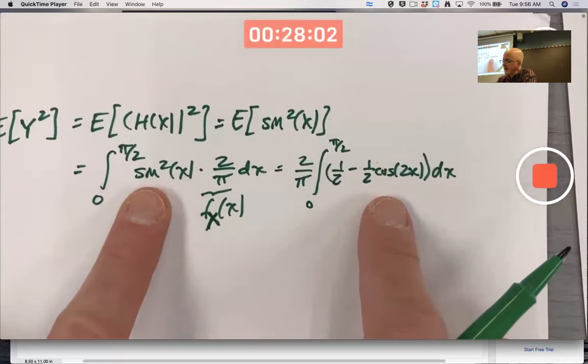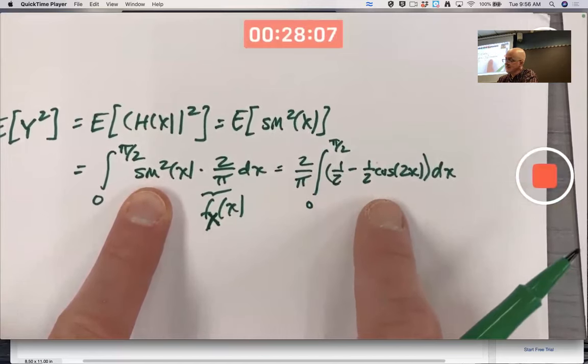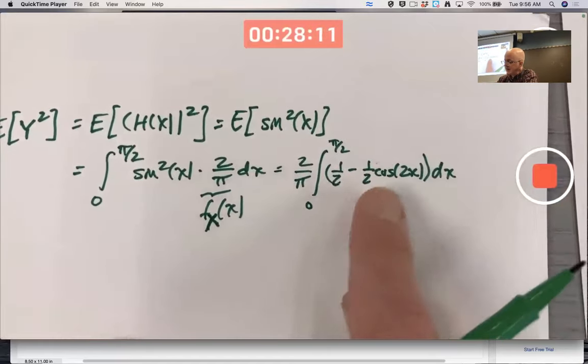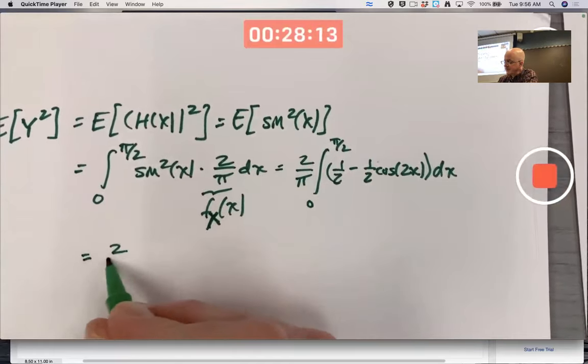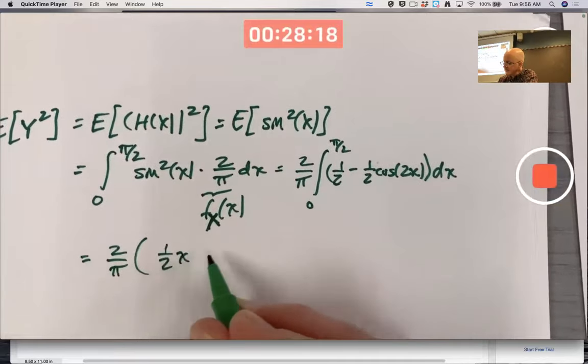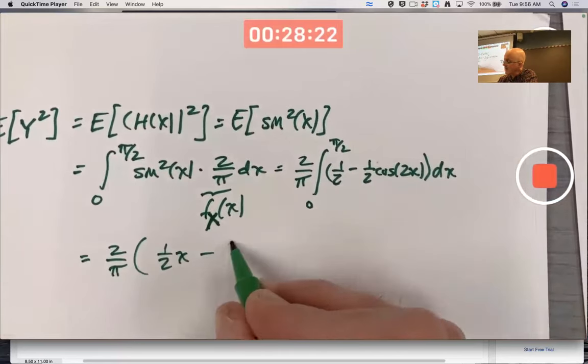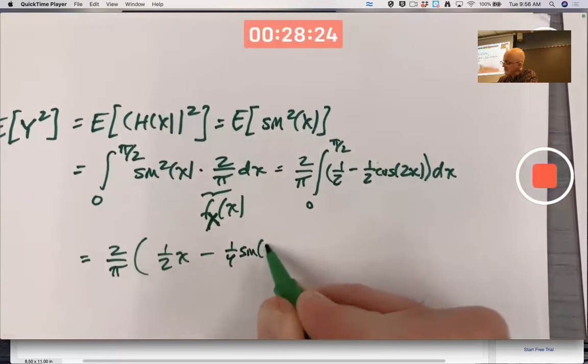If it were cos squared x, by the way, this becomes 1/2 plus 1/2 cos 2x. That's the way I teach my Calc 2 students to do this one, because that's fairly easy to integrate. Integrate 1/2, you get 1/2 x. Integrate minus 1/2 cos 2x, you'll get minus 1/4 sine 2x.